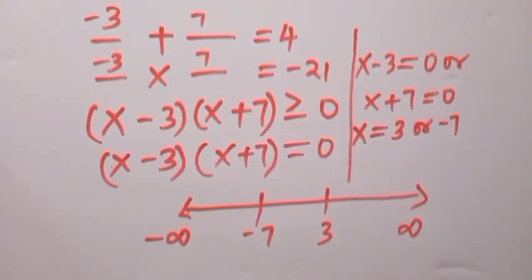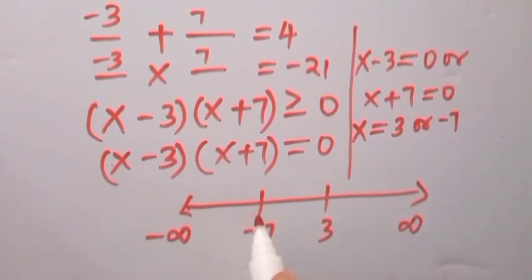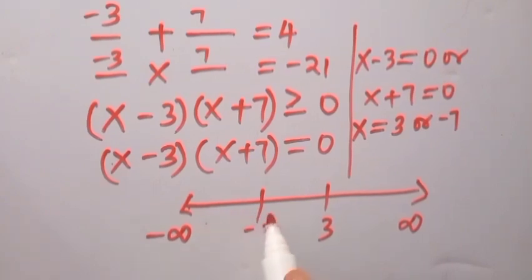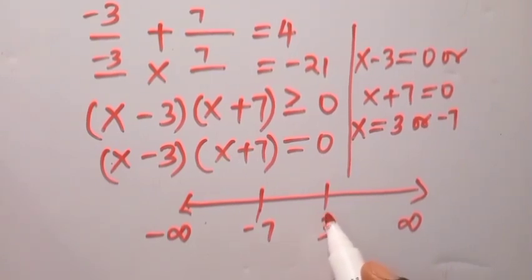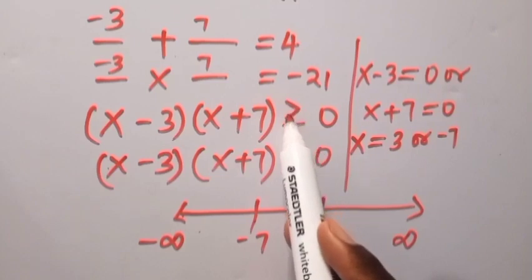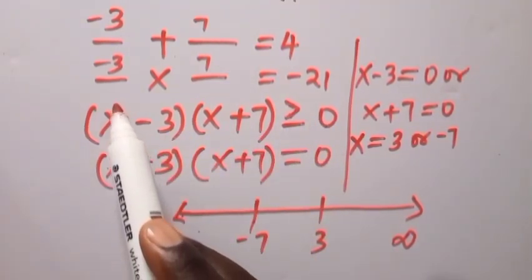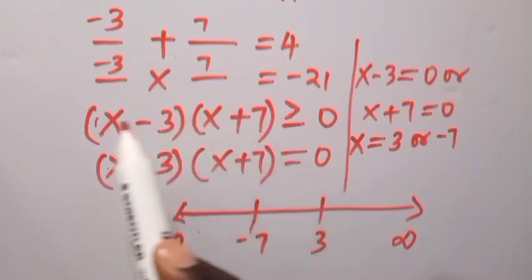Now, I want us to consider numbers that are to the left of -7, numbers that are between -7 and 3, and also numbers that are to the right of 3, and check if they are greater than or equal to 0 if we substitute those values in this expression.